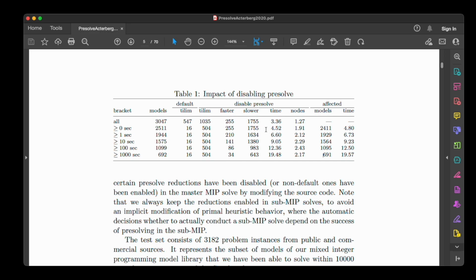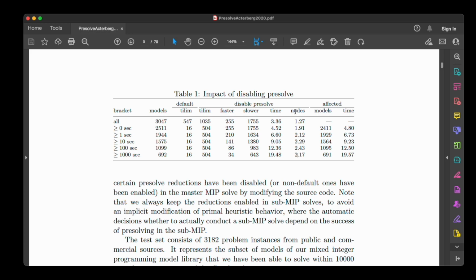Even if you look at the easier instances, for most instances we see that it's about 3 times slower. And if you take a look at something that took slightly more than 0 or 1 second, it's still slower. So pre-solve will bump up your solver speed if you do it properly.